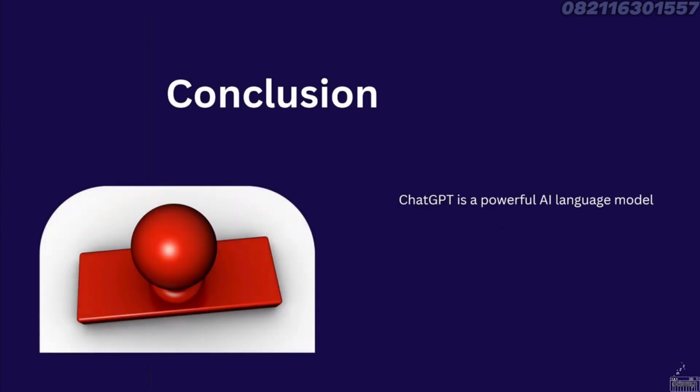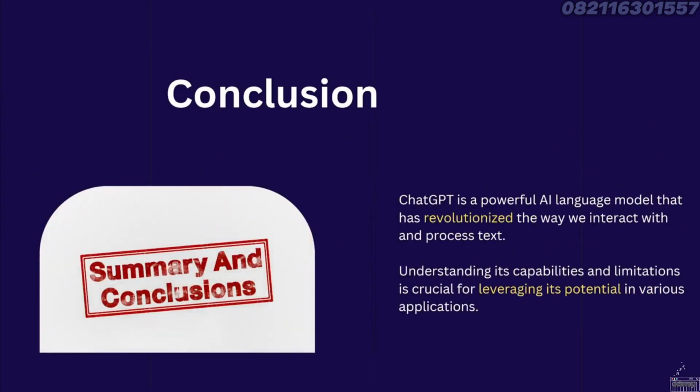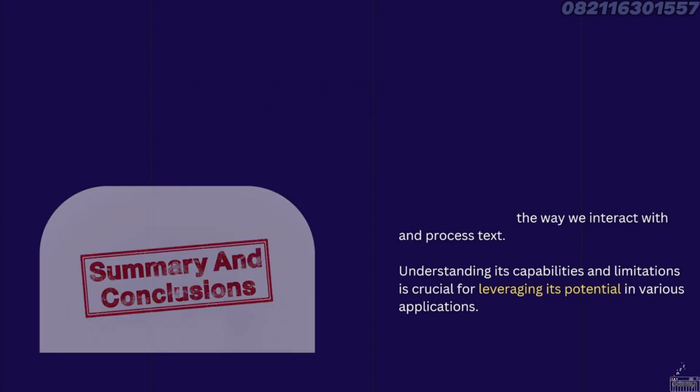So, in conclusion, ChatGPT is a powerful AI language model that has fundamentally changed how we interact with and process text. Understanding its capabilities and its limitations is really critical for realizing its full potential in a variety of applications. So we will continue.